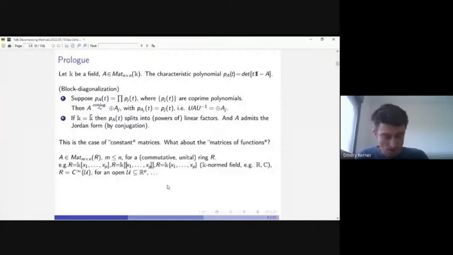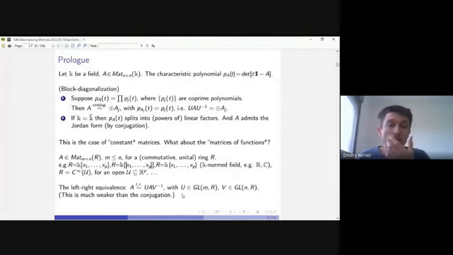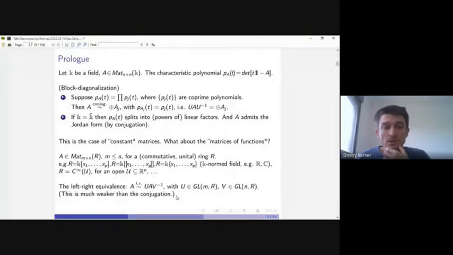Okay, good. So these are the matrices, and we introduce the left-right equivalence. Previously it was U and U minus 1, and here there is U and V minus 1. So U is locally invertible, V is locally invertible. Yes, GL, GL. These are not matrices over a field, these are matrices over the ring.